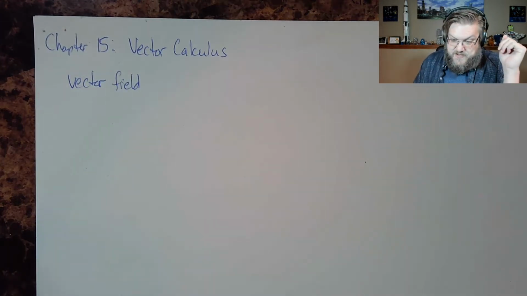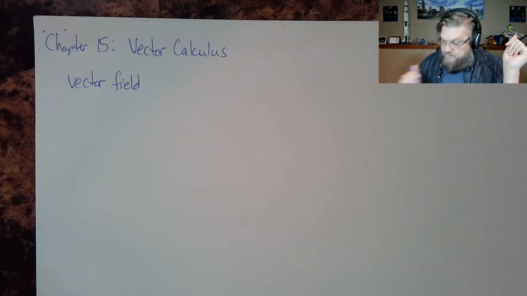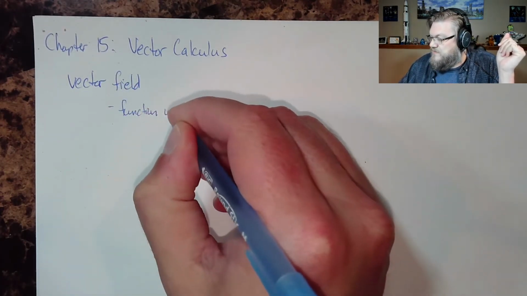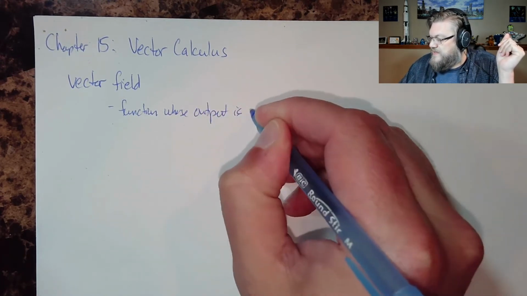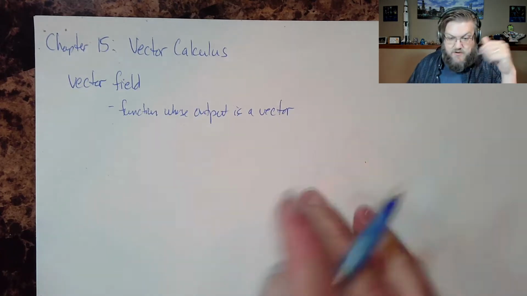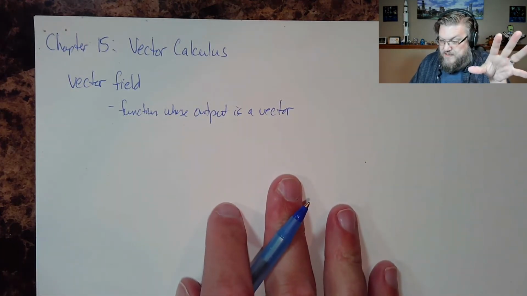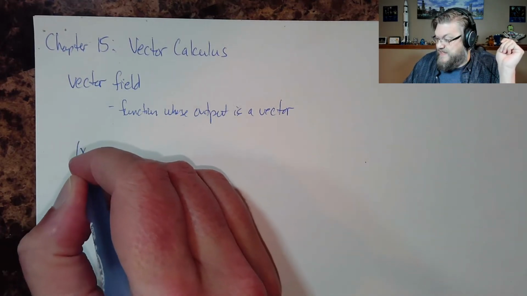So a vector field is just simply a function whose output is a vector, right? And so specifically what we can say is it assigns a point to a vector. So the input would be something like x, y.